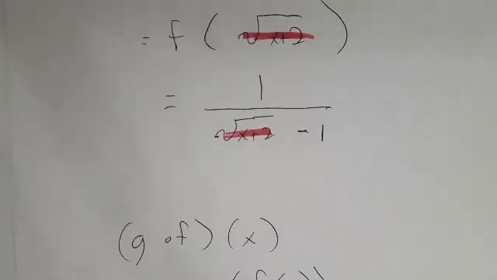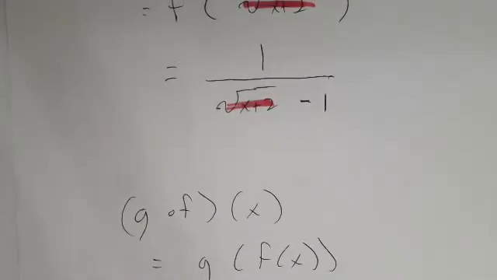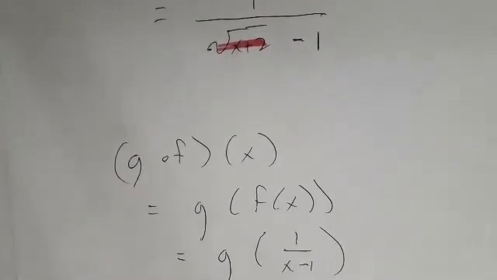Okay, so it's g of f of x. Write out the definition. What's the first thing you see there that you can plug in? The f of x. So now I'm starting with my f of x. It looks like g of, and my f of x looks like 1 over an x minus 1.